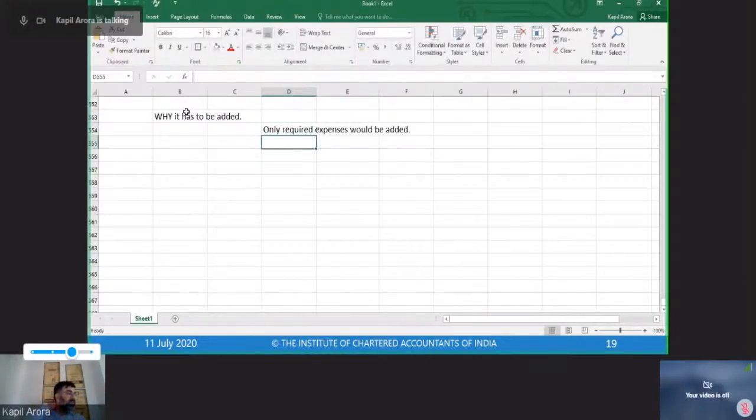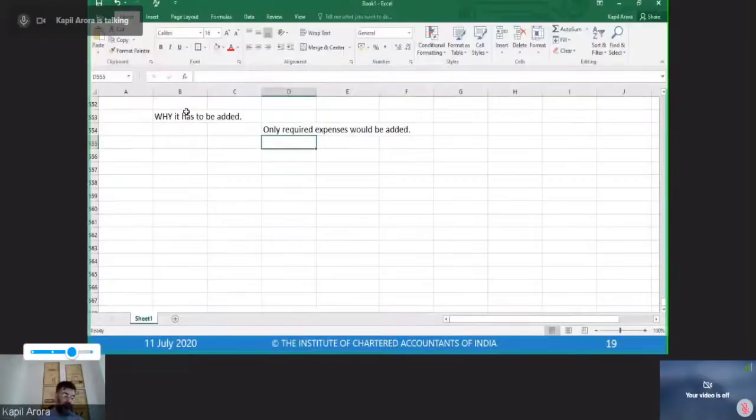So we apply the concept of AS29, which gives the guidance on how to find out the discount rate. Discount rate is your incremental borrowing rate or the market rate. So generally, the incremental borrowing rate is being considered.